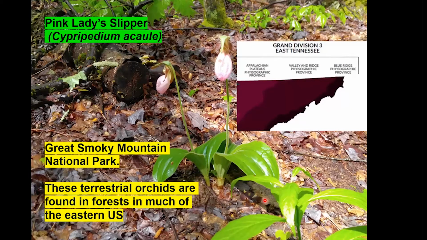Here's one too that's been harvested, again, against the law. Going into the Smoky Mountain National Park and taking any of these things is definitely against the law. Because chances are, if they took one and brought it home, it would not grow in their yard.